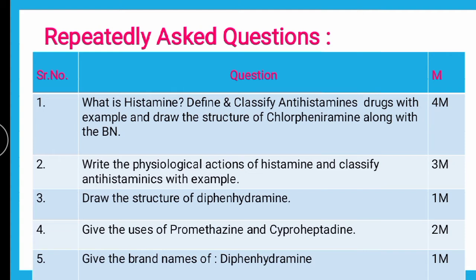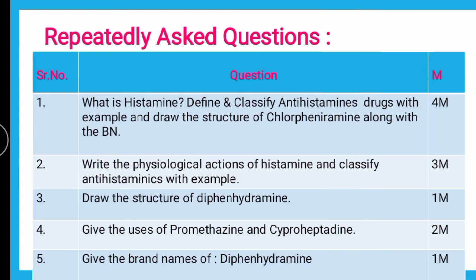As far as the classification is concerned, histamine shows its action through various receptors like H1, H2, H3 and H4 receptors. So the classification involves H1 and H2 receptor blockers: first generation H1 receptor blockers, second generation H1 receptor blockers, and H2 receptor blockers.